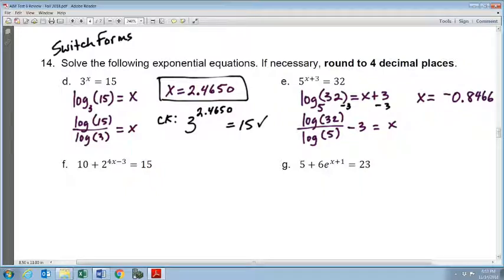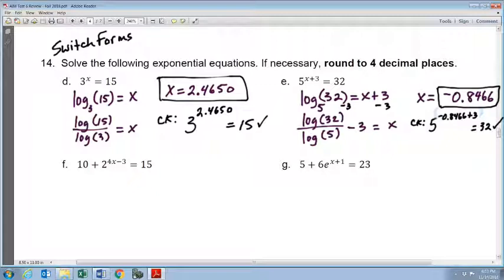And let's check this. It'll be 5 to the negative 0.8466 plus 3 power, and that should equal 32. Just be sure to put this part in parentheses in your calculator, and you should be able to confirm that works.